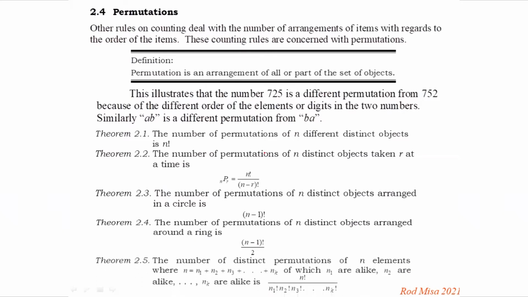And lastly, for the number of distinct arrangements of n elements wherein n is the sum of n1 plus n2 plus n3 and so on until nk, of which n1 are alike, n2 are also alike, and so on, the total distinct arrangements is equal to n factorial divided by n1 factorial times n2 factorial times n3 factorial, and so on to nk factorial.